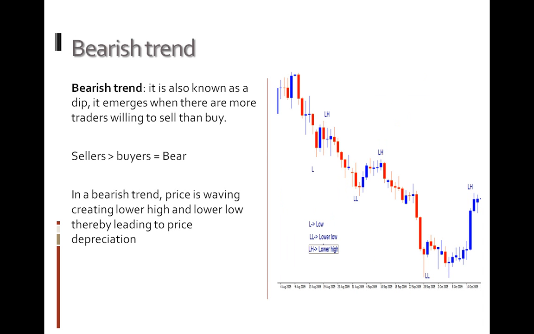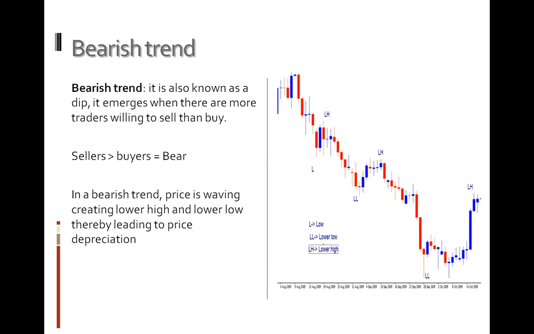Bearish trend. A bearish trend is also known as a dip. It emerges when we have more traders willing to sell than buy. When sellers are greater than buyers, we have a bearish trend.